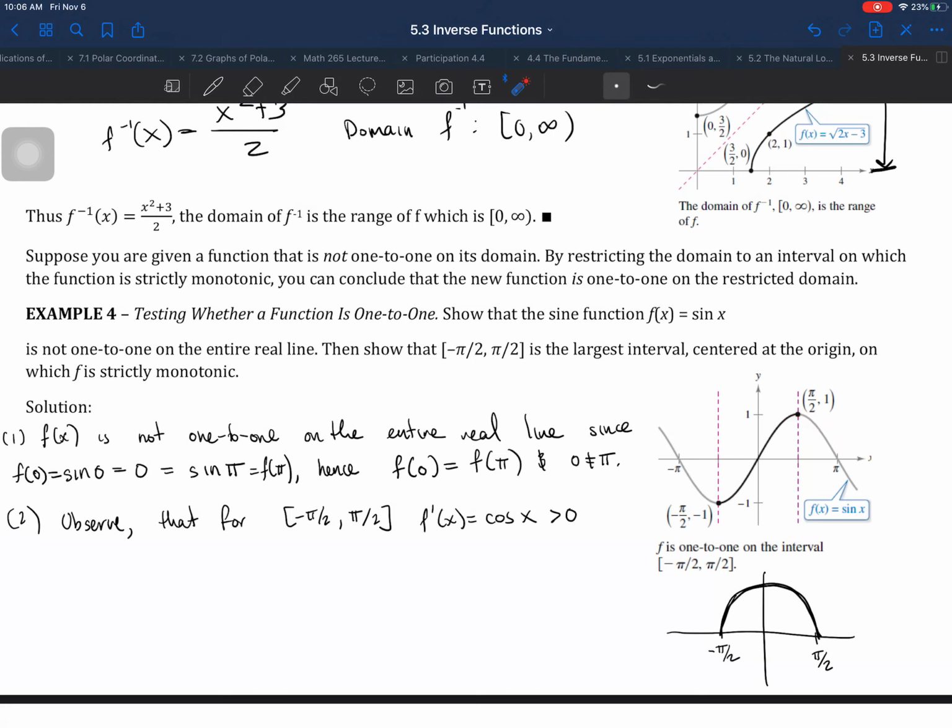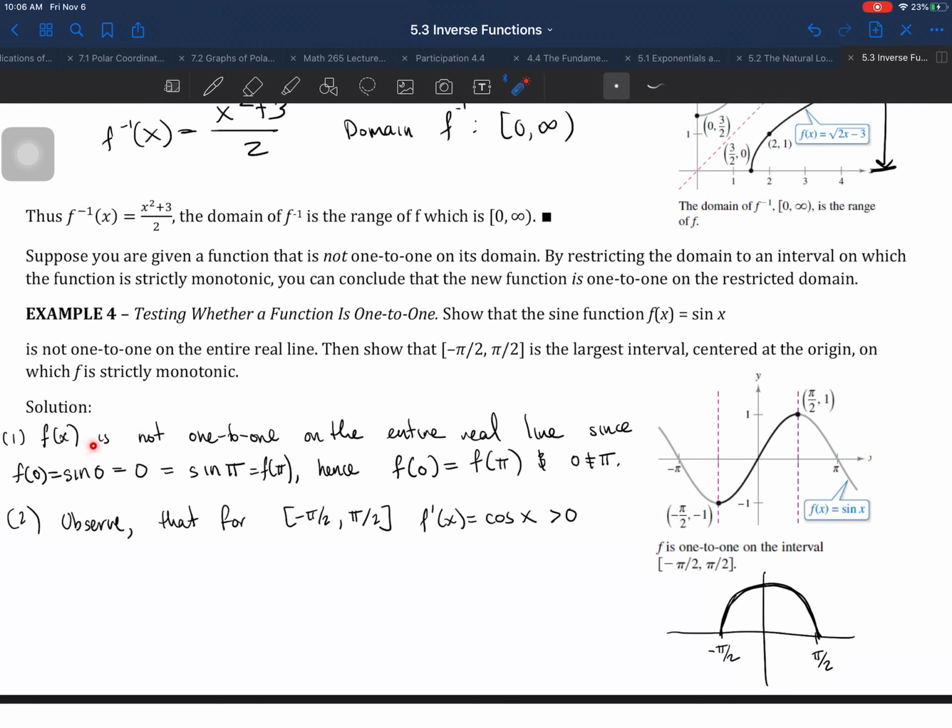So we should have at least some sense of a sketch in our mind of this function. Now we're gonna show that this is not one-to-one because there are at least 2 points on the graph where the values repeat each other, right? So at x equals 0 and x equals pi, the values are 0.